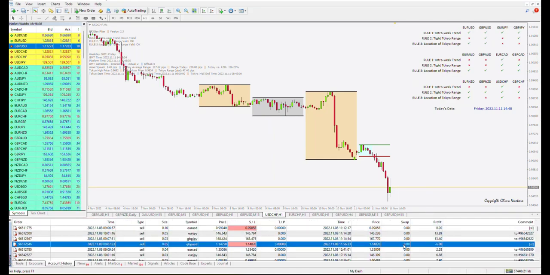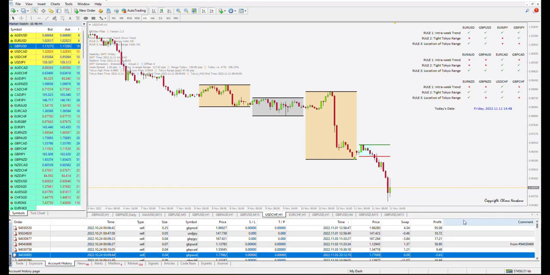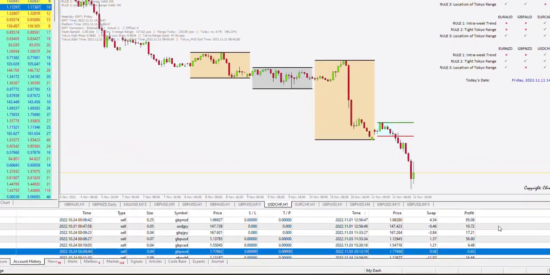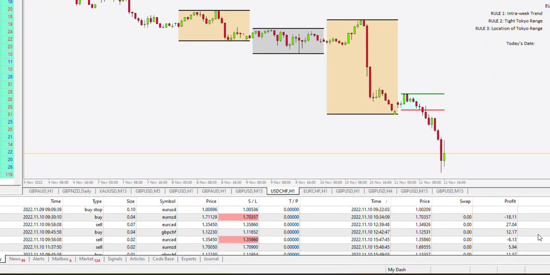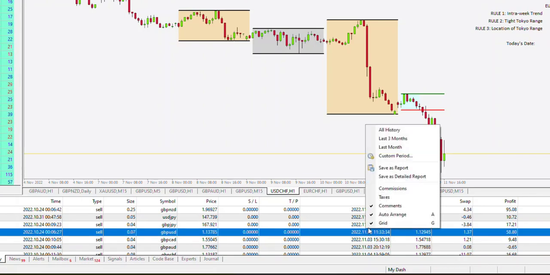So let's go back to last month, right? And that gives me the results from the 24th of October. So from the 24th of October, that's the amount of money you made on this account.